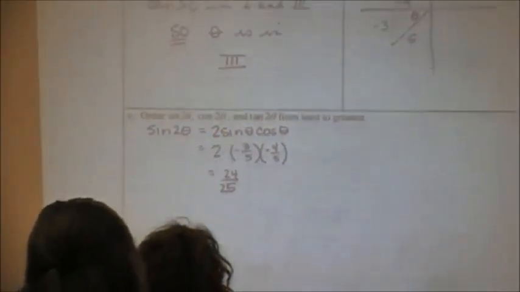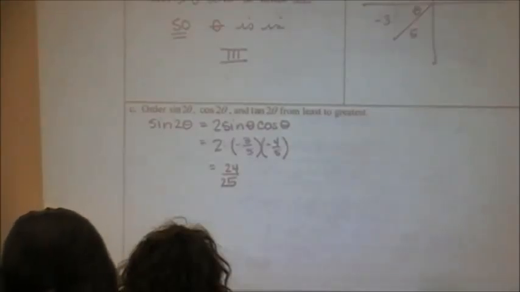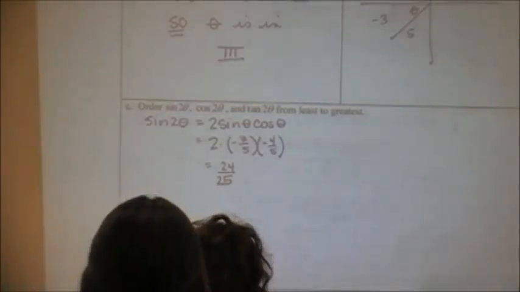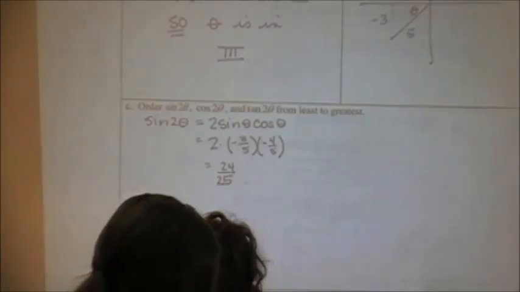Which multiplies straight across and you get 24/25, sorry. Any questions so far? Just assume 2's over 1. Yep, always. All whole numbers are understood to be over 1.